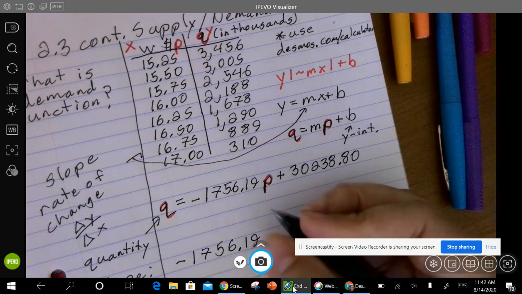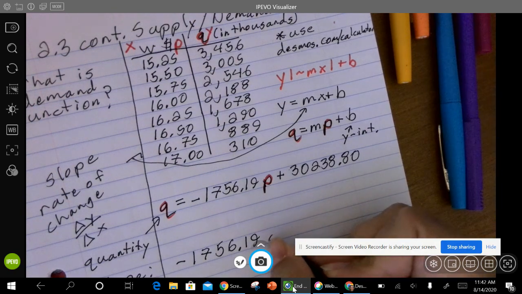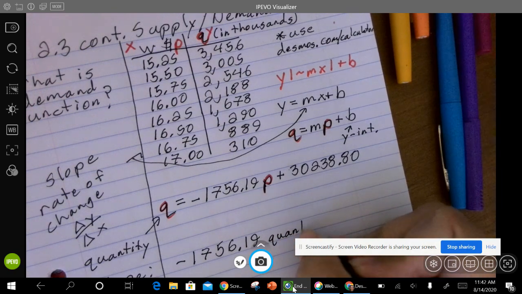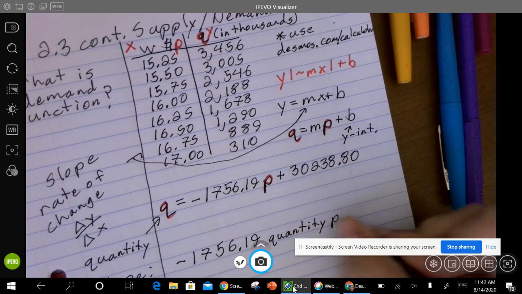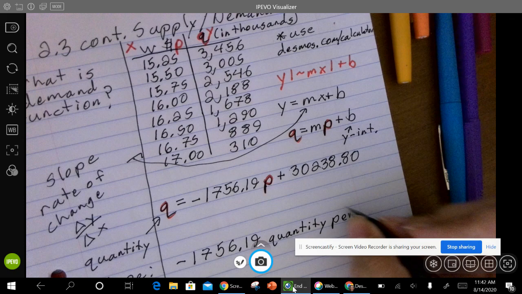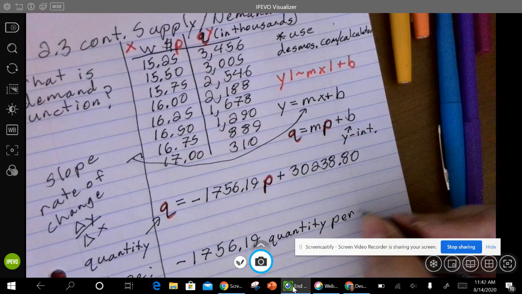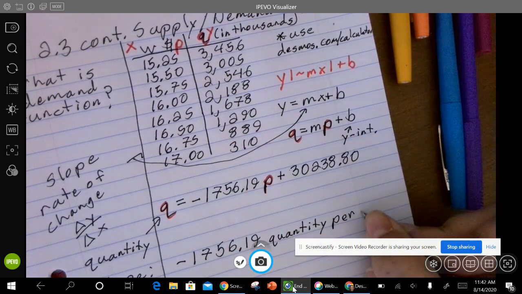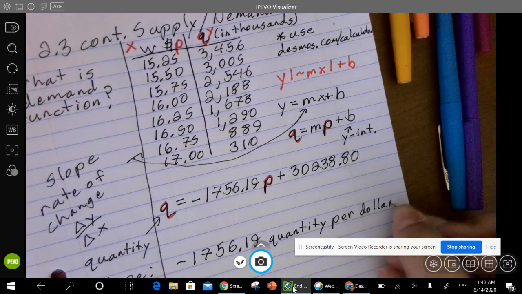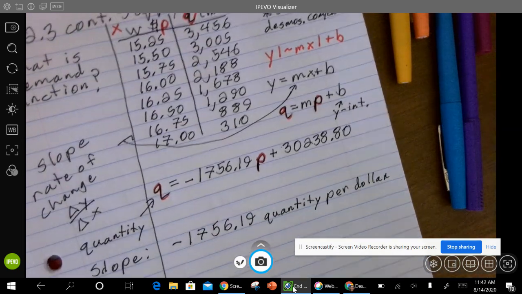So it's the quantity the retailers would purchase, so the quantity per price. So per price or per dollar.